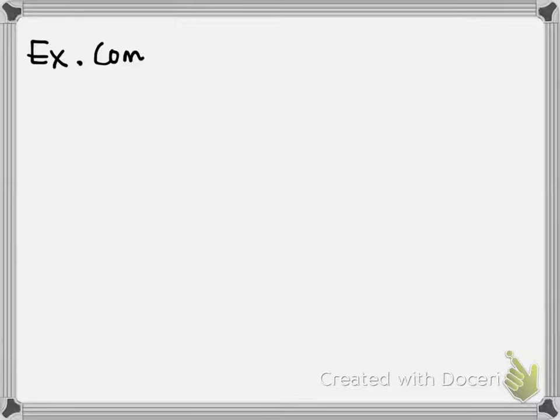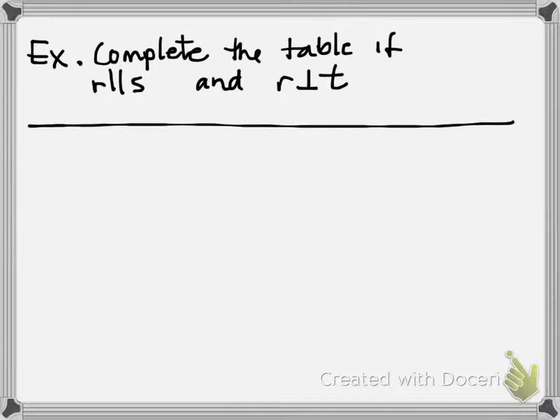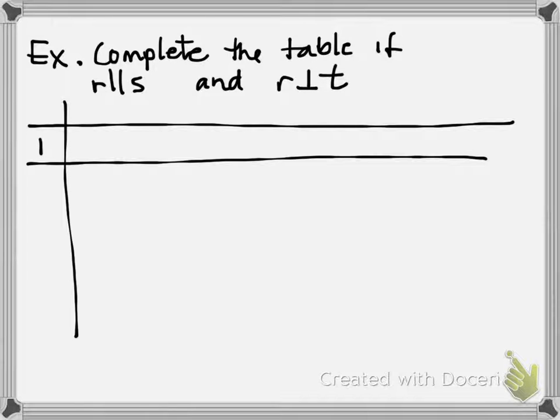So you're going to be asked to complete a table given certain conditions. If line R is parallel to line S and line R is perpendicular to line T. So if you're having trouble visualizing this, you can go ahead and draw a picture of it.